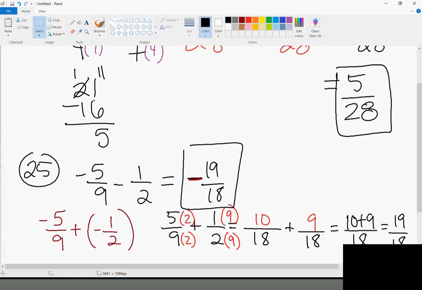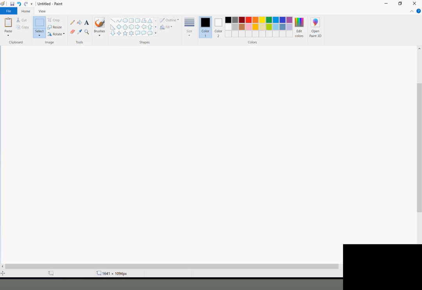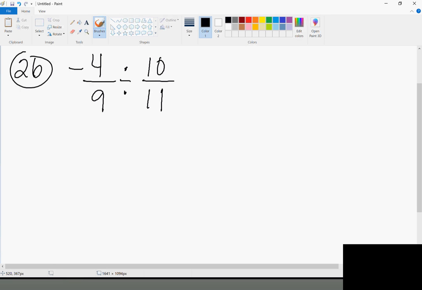Alright, so now dividing. When you divide fractions, you're going to change it into a multiplication problem, because when you divide fractions, you multiply by the reciprocal, or you do what I call keep, change, and flip.